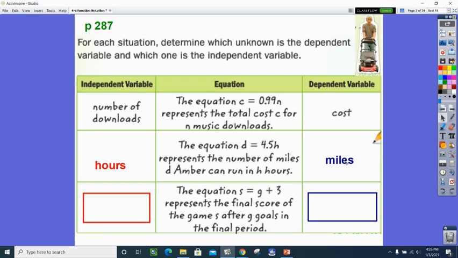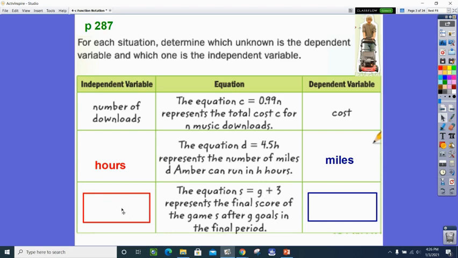Let's take a look at the next one. This would be like a hockey game. S is going to be the total game score, and G is going to be the goals in the final period. So as we get to the final period, this particular team already has 3 goals, and then they're going to add on whatever happens in the final period to get the final score.